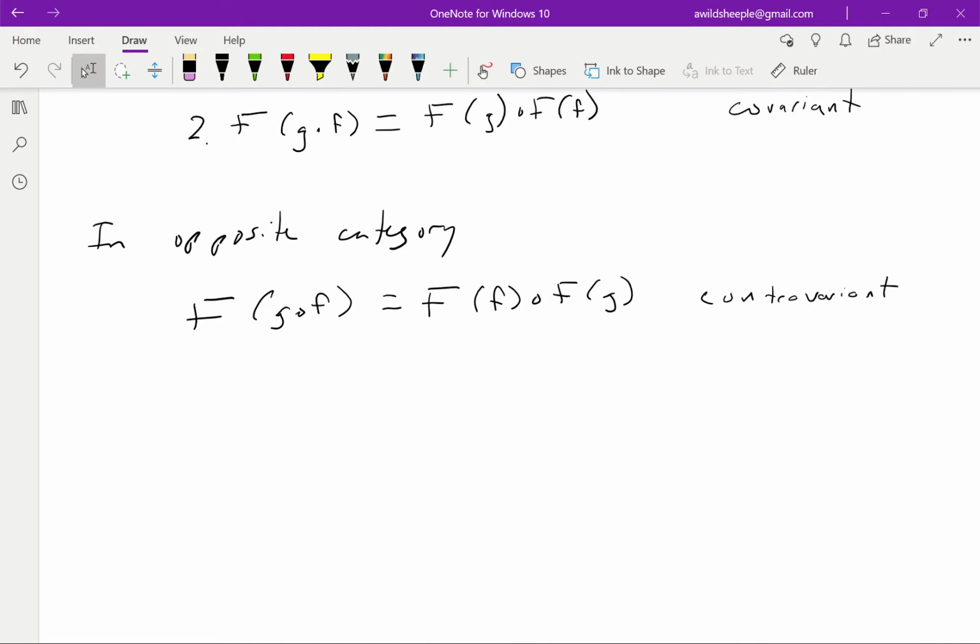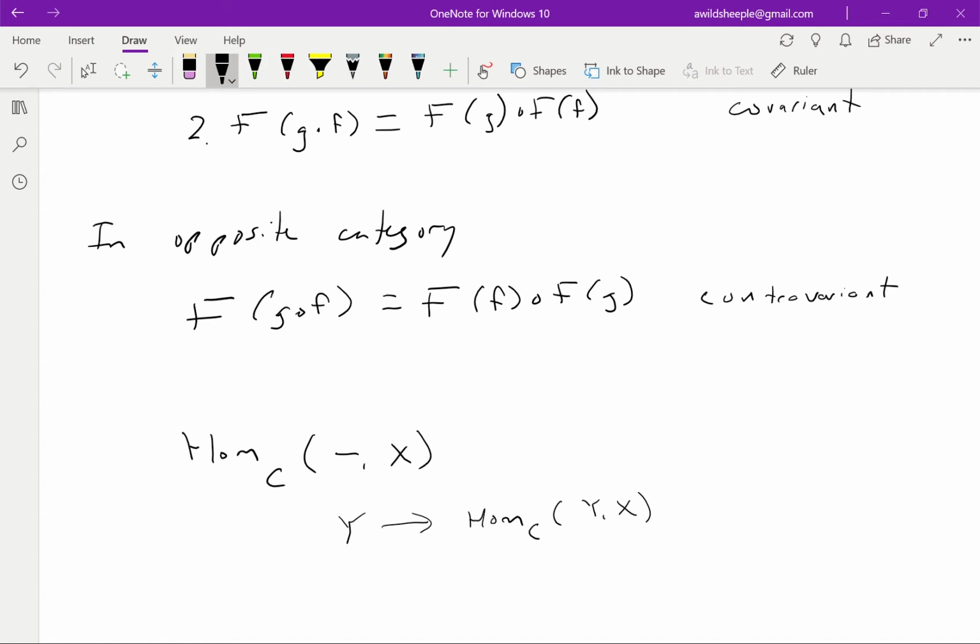Like the most common example, and the one that we're going to have to return to over and over and over again, is Hom, maybe in some category C, into a fixed object. This is a contravariant functor to the category of sets, where we define this on some category C, and we send our objects Y to Hom_C(Y, X).